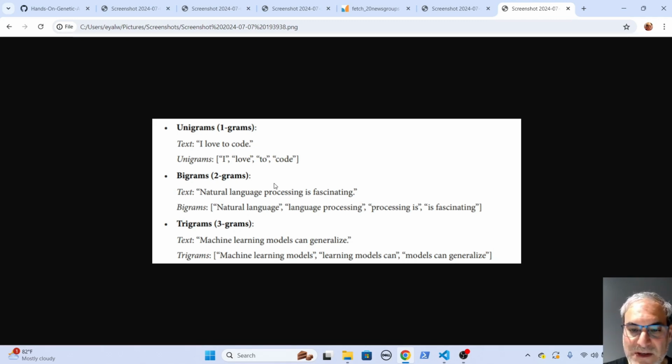If we can represent every document with the different words or combinations of letters that it contains, then based on that we can try to classify and say, okay, this is more about motorcycles, or this is about cars.